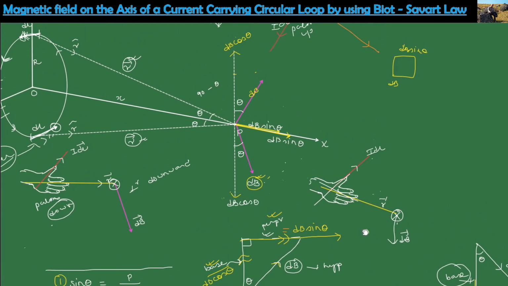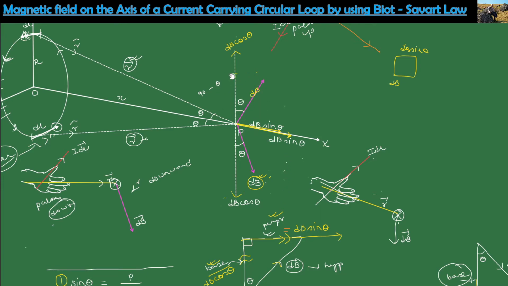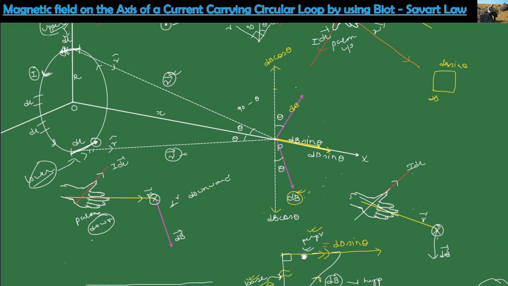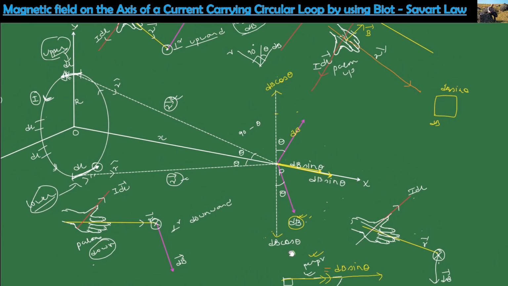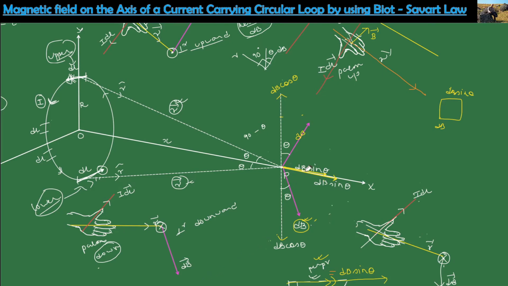Looking at this analysis of our figure, the direction of dB cos theta is acting in this direction, and the direction of dB cos theta due to the lower element is acting in this direction, which means they are equal and opposite. They will not account for the total magnetic field; they will cancel each other's effect.